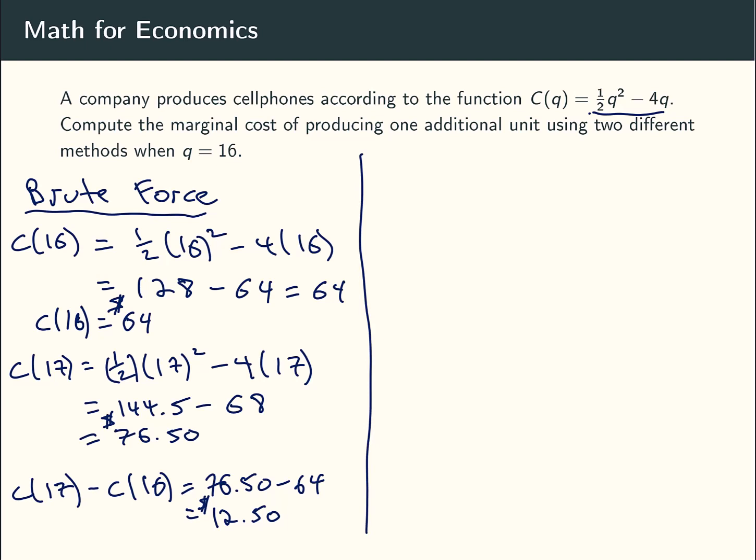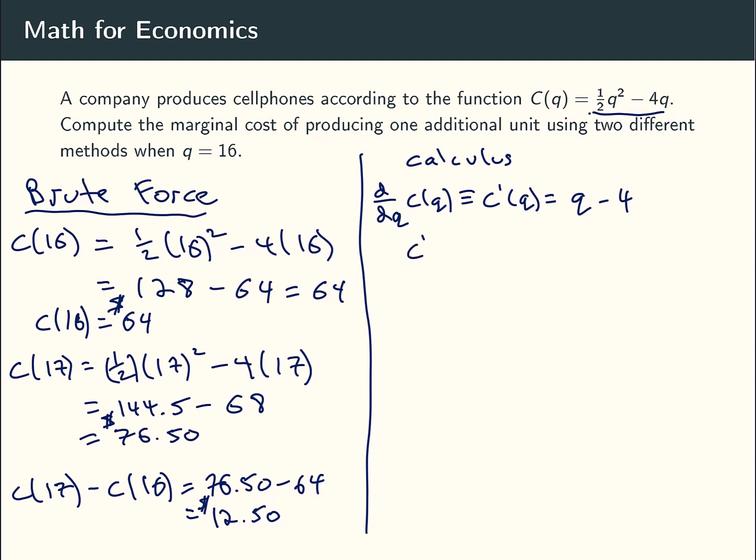Now what about using calculus? So let's use calculus. We can calculate the marginal cost by taking the derivative of the cost function. Let's just say we know that the derivative is Q minus 4. Well, what's Q going to be equal to?